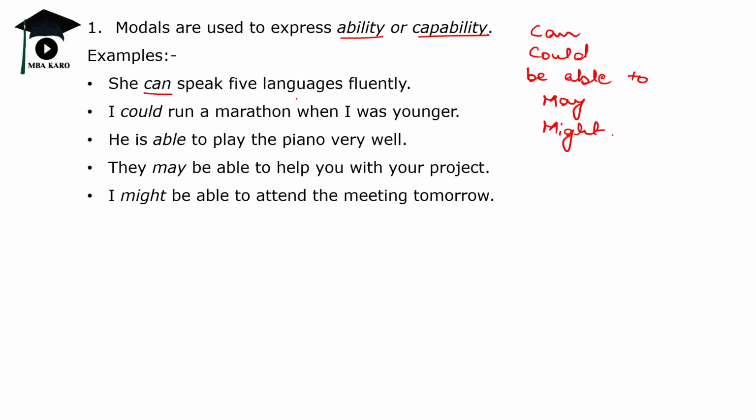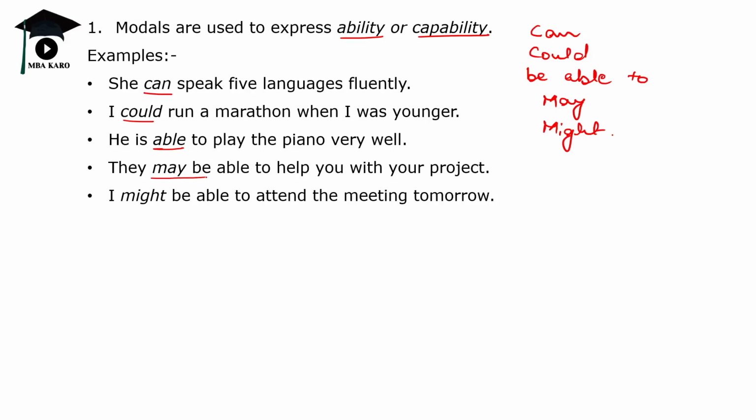She can speak 5 languages fluently, showing the ability that she's able to speak 5 languages. I could run a marathon when I was younger, happening of a past event. I was able to run a marathon. He is able to play the piano very well, ability.